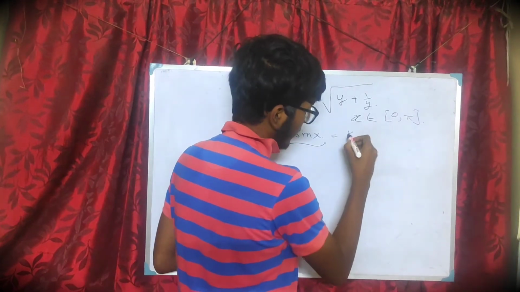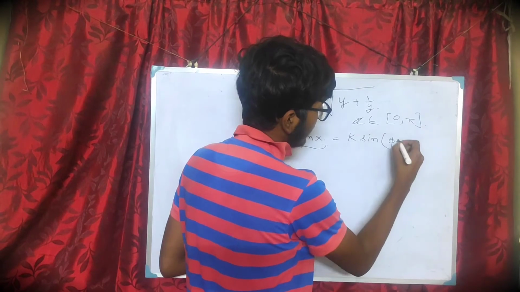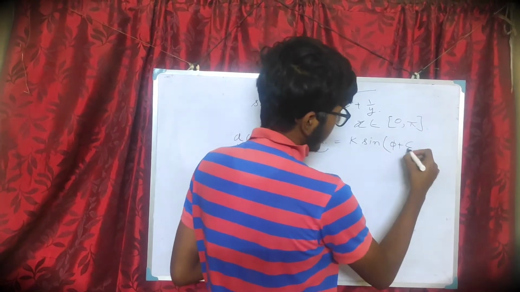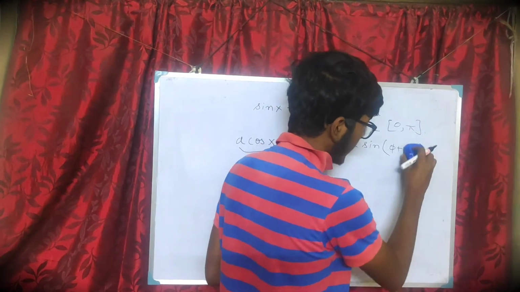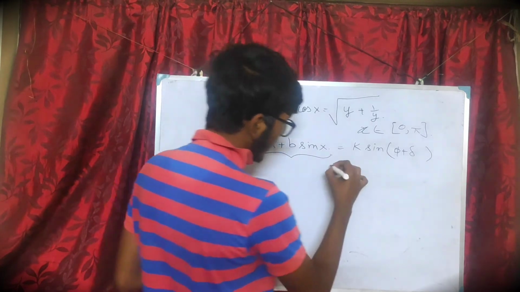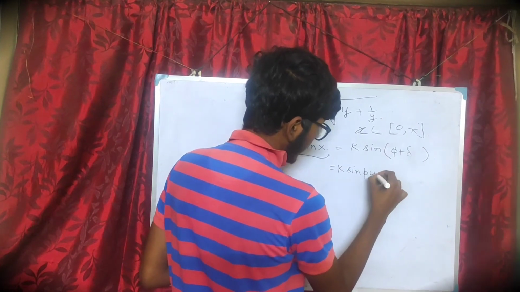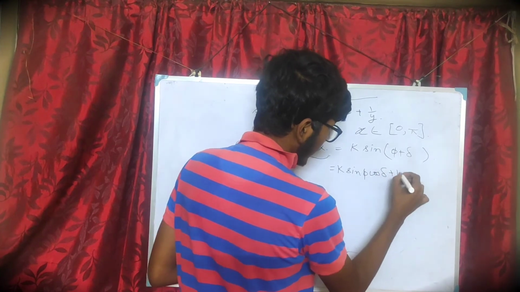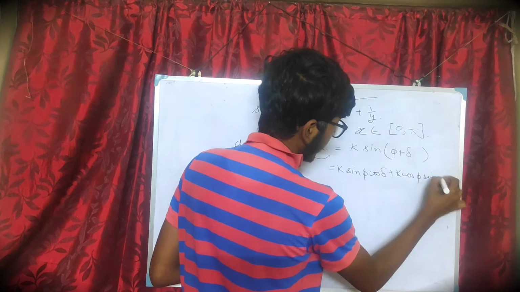What if we write sine of phi plus some delta? So basically this would be k sin phi cos delta plus k cos phi sin delta.